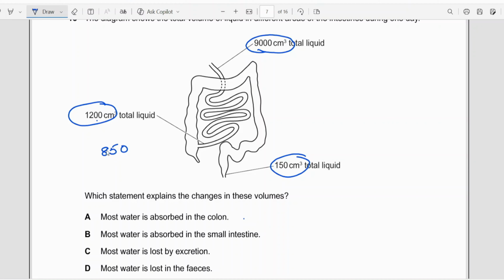Wait, not 850. It would be 1050, right? And here it would be 7800, right? So more water is absorbed in the small intestine as compared to the large intestine. So our answer would be B.